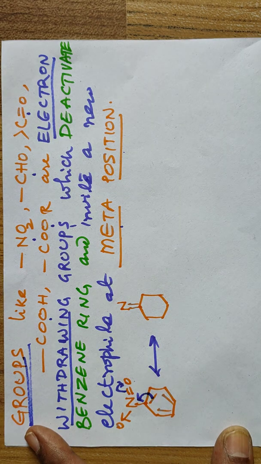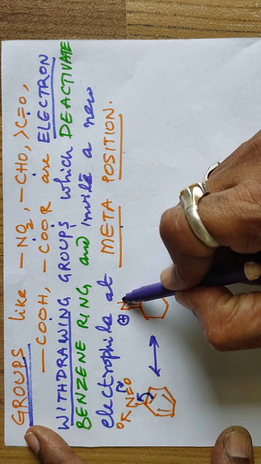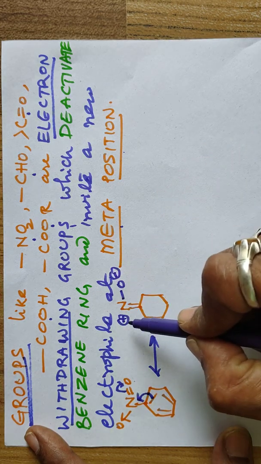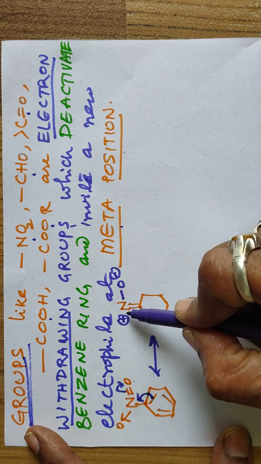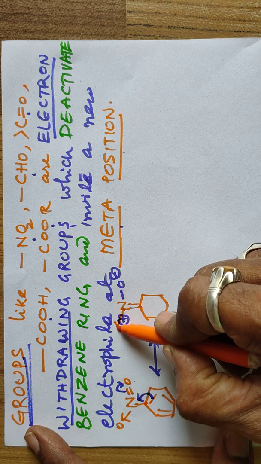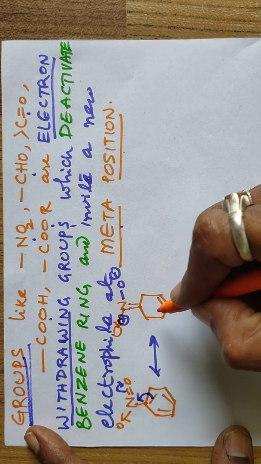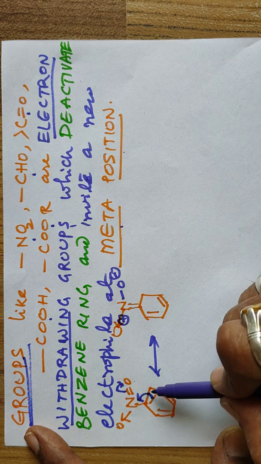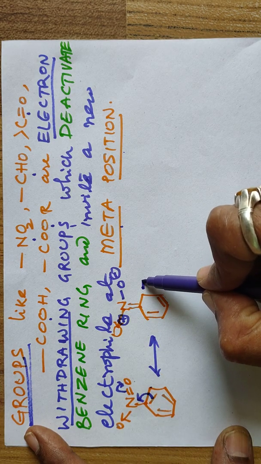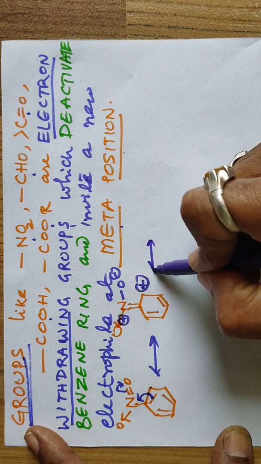Nitrogen now acquires positive charge by taking electrons, N-O becomes a single bond with negative charge, and this is another O with a double bond, and at this new corner, what charge is produced? Positive charge.